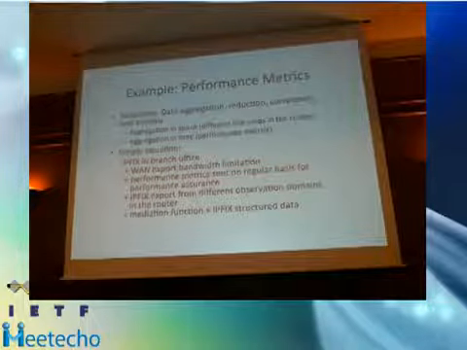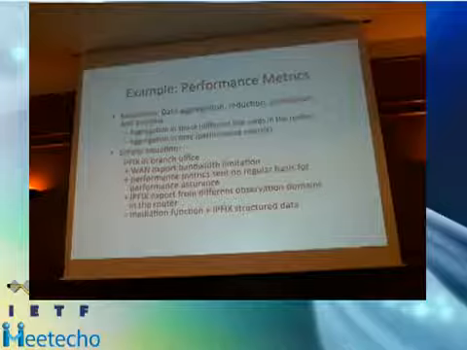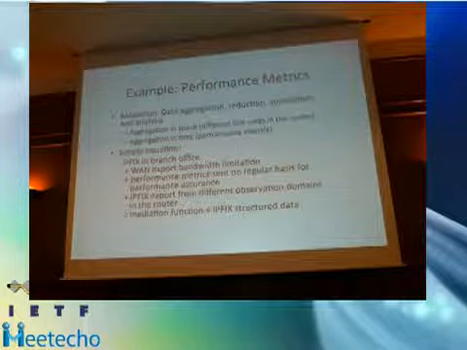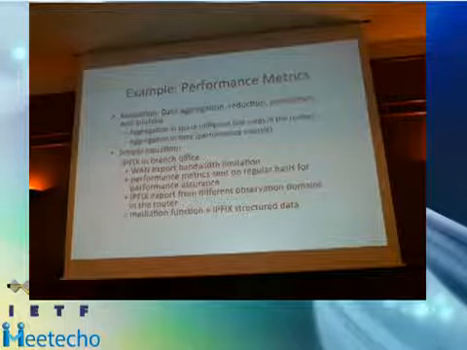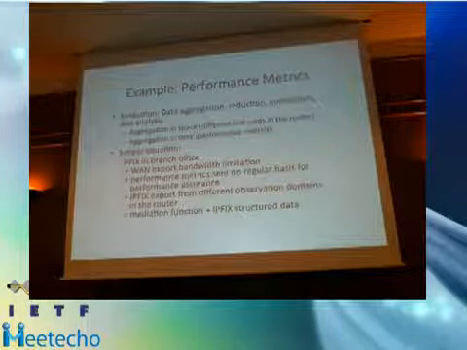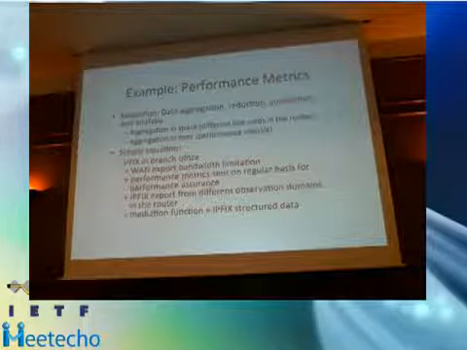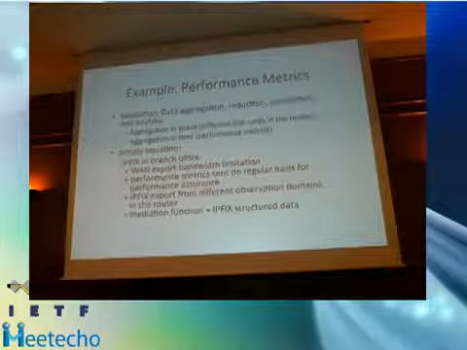A branch office with an export limitation would send performance metrics on a regular basis, and this combines two works that we did in IPFIX: first of all, the mediation, which is grouping flow records, and then the structured data.